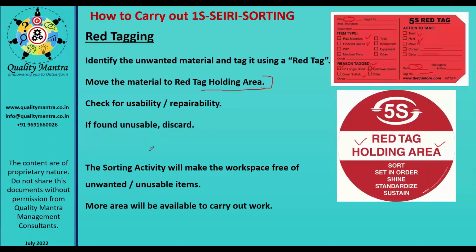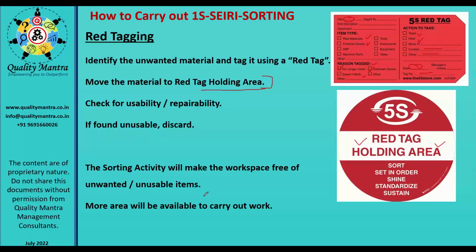This sorting activity is very important. The sorting activity basically makes the workspace free of unwanted and unusable items. Now when your workspace is free of unwanted, unusable items, your wanted, usable items will be clearly visible.